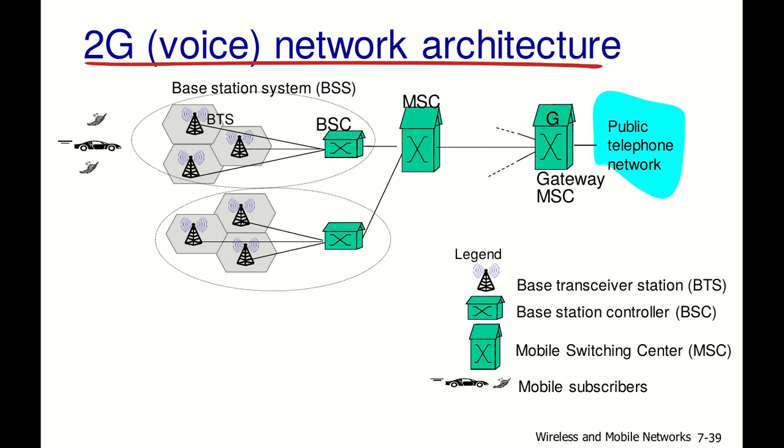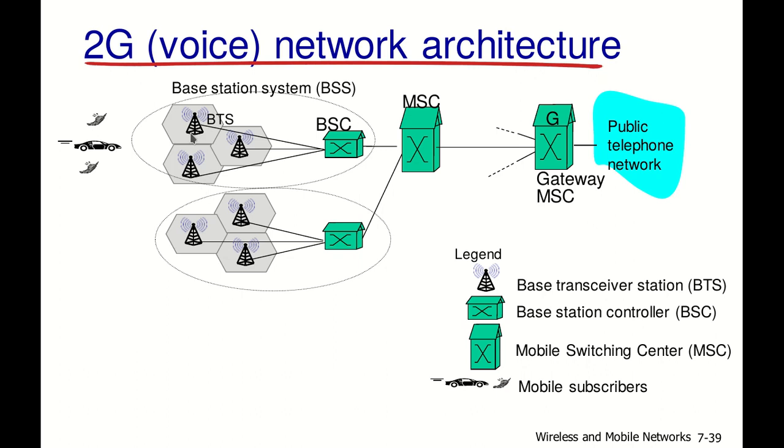Alright, so we move to the architecture in more than just, let's say, between the mobile terminals and the base stations. We start from the second generation, or the voice network, because at that time we only had voice traffic for the second generation or GSM network. So basically, starting from the base station, we have the BTS, which stands for base transceiver station.